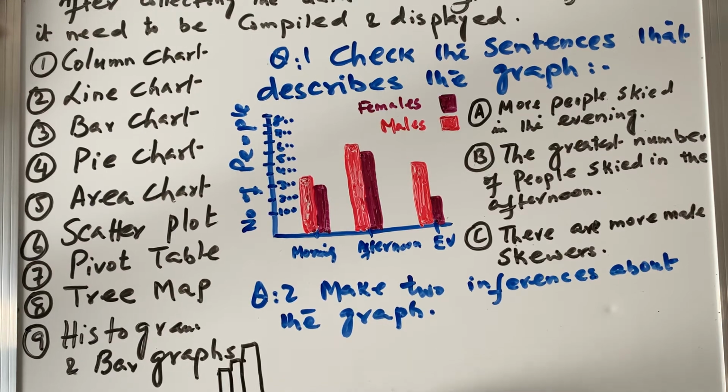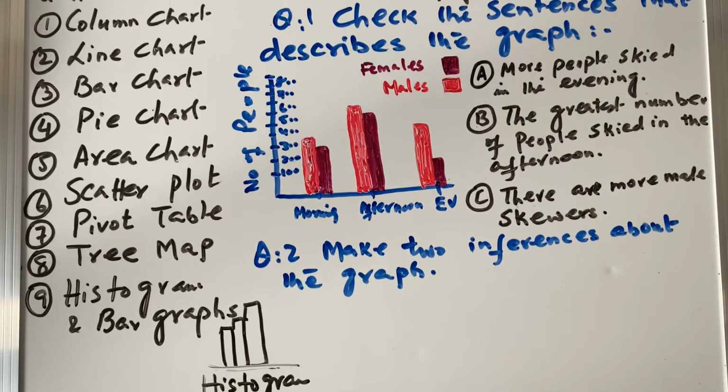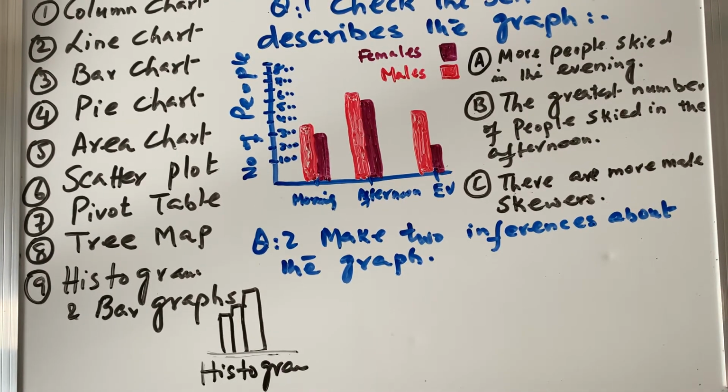Histogram has no gaps in the bars. So you have to remember that if there is no gap in the bars, that is a histogram. If there is a gap, so gaps between the bars is the bar graph, right?